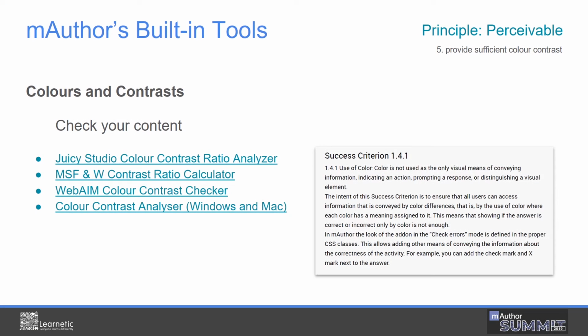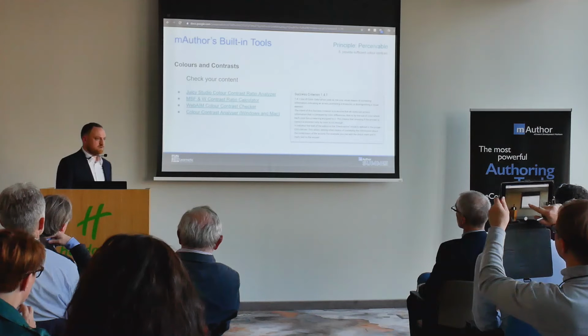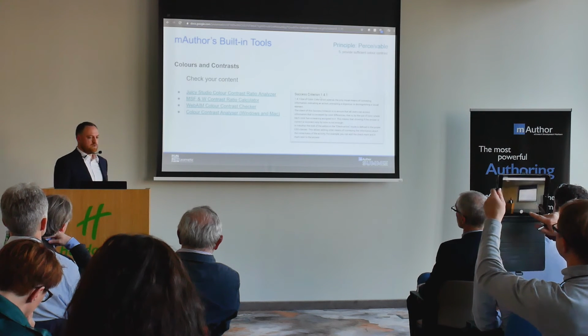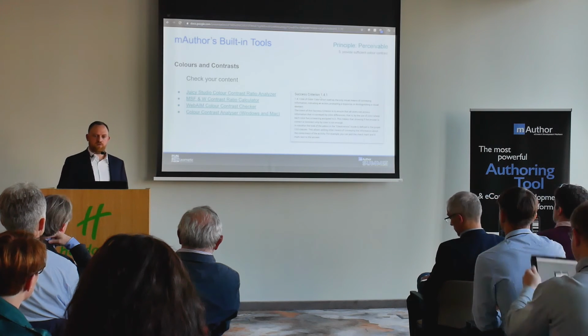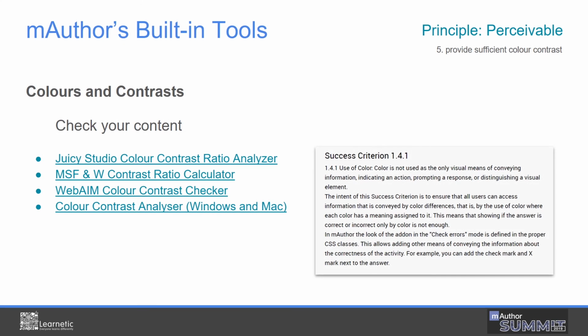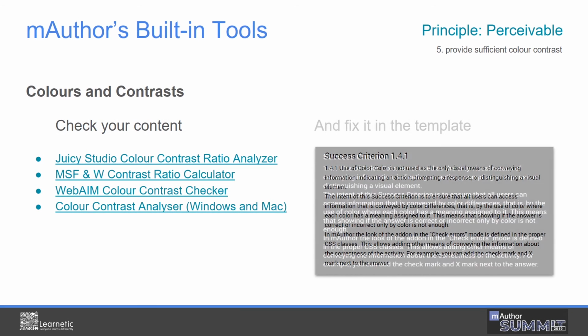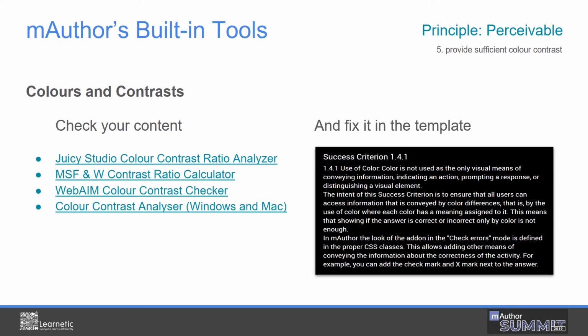Here are several examples of online tools that do that for us. And once you find out that, for example, the contrast in your content is too low, you can simply adjust it in mAuthor in the template.